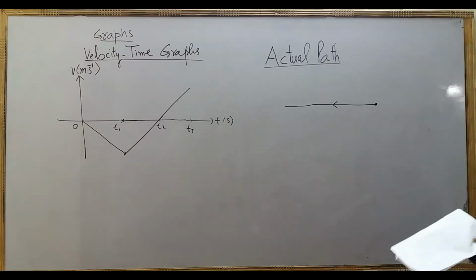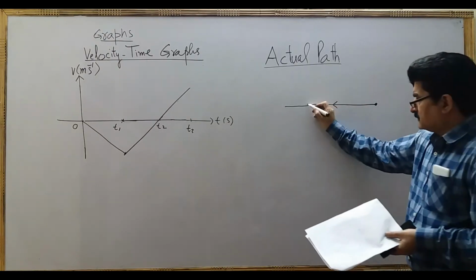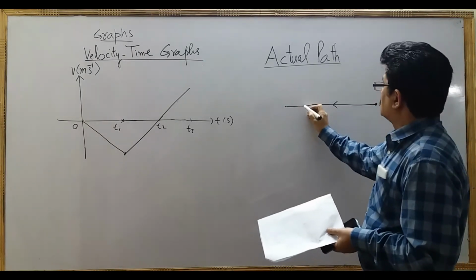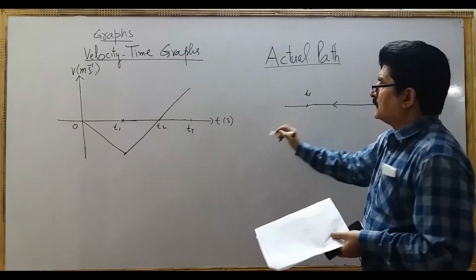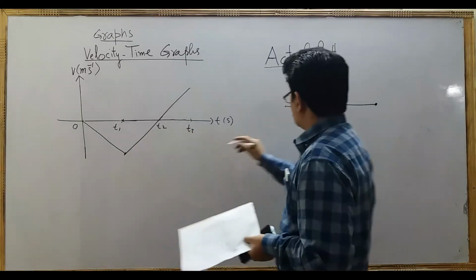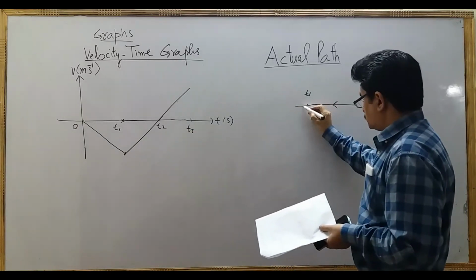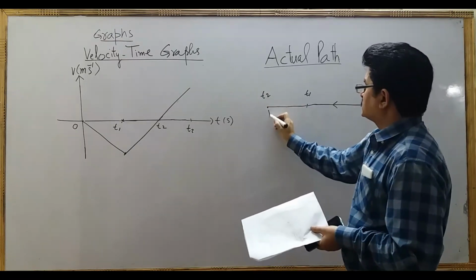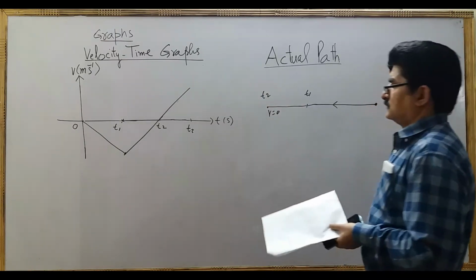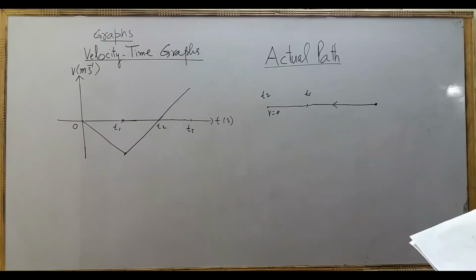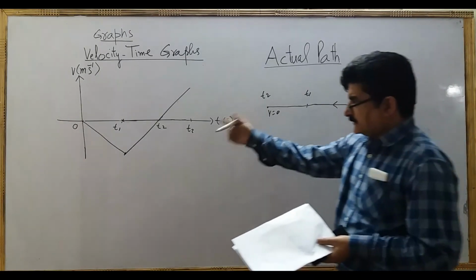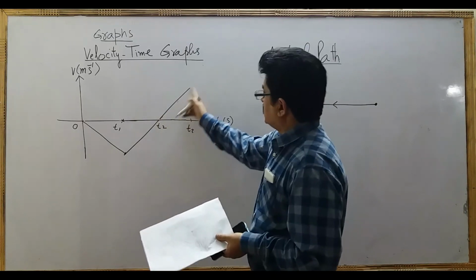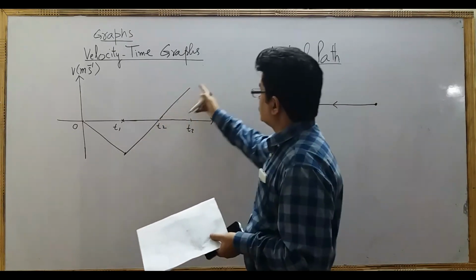But at time t1 it slows down. From t1 to t2 it slows down and comes to rest at t2. After time t2 the gradient is the same for this straight line.